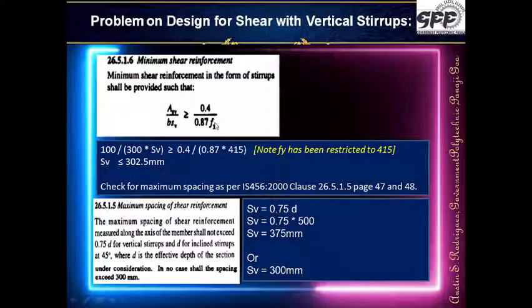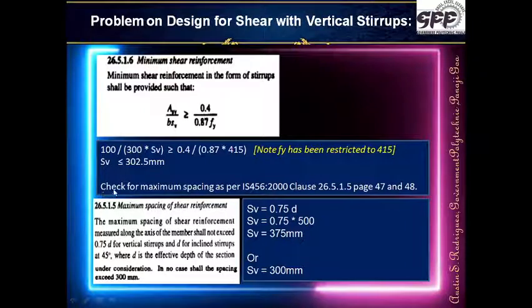Even when the stirrup is made of Fe500, we are using 415 over here. Having done that, we get the value of spacing as 302.5 mm. The spacing cannot be more than 302.5 mm. So when the spacing is less than 302.5 mm, the minimum shear reinforcement check gets satisfied.